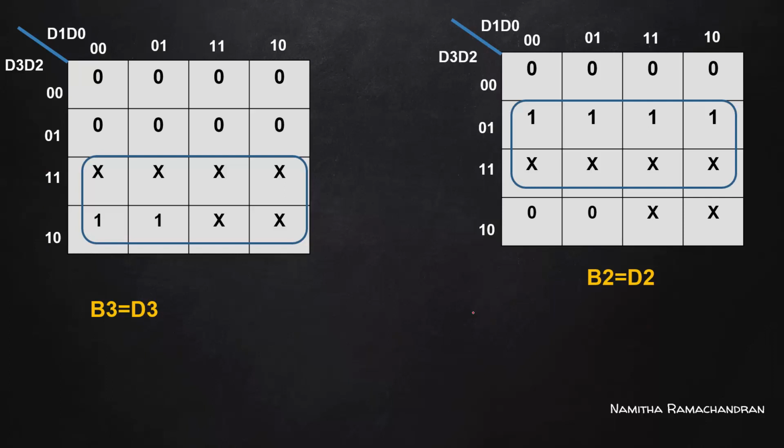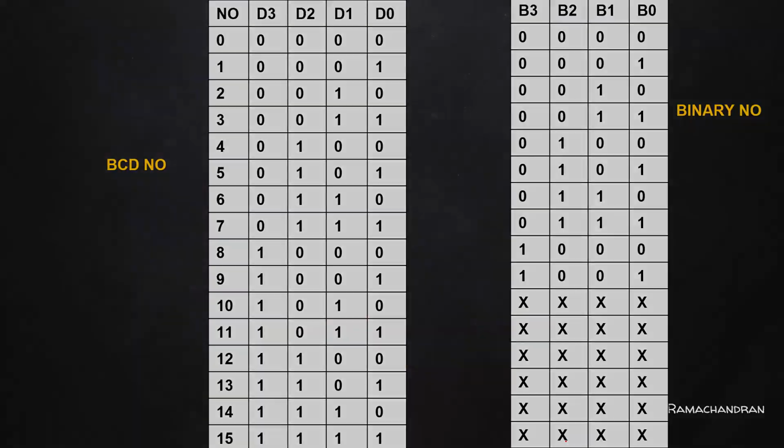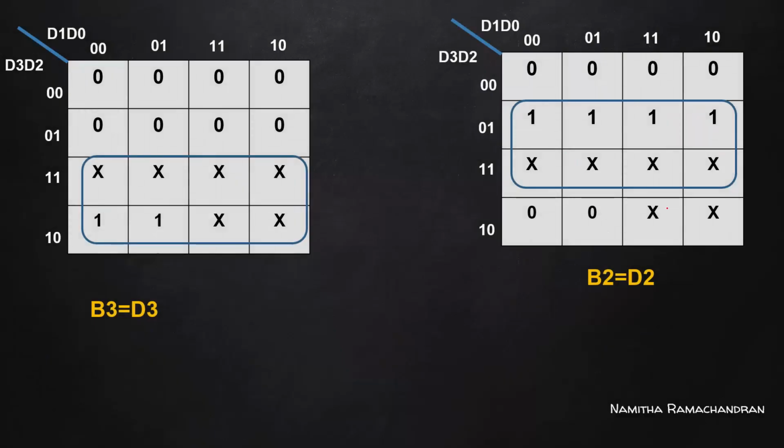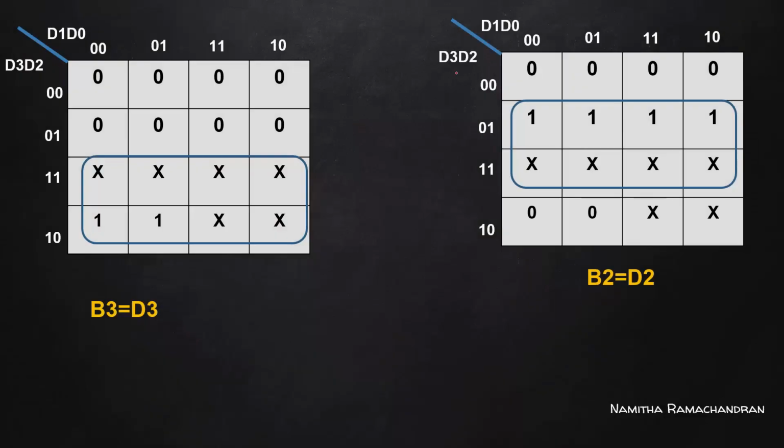Second, for the expression of B2, put all these values properly in this K-map, and we can derive a group like this. This group indicates D2 with value 1. So B2 is D2 itself. Next is the expression for B1.